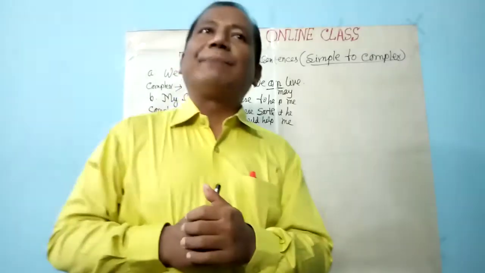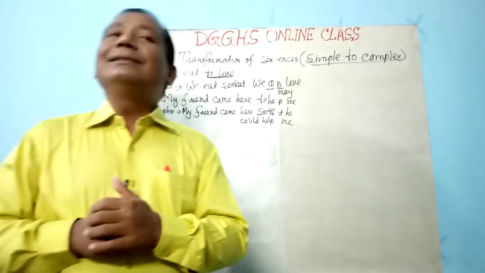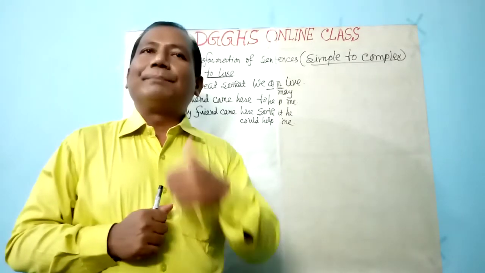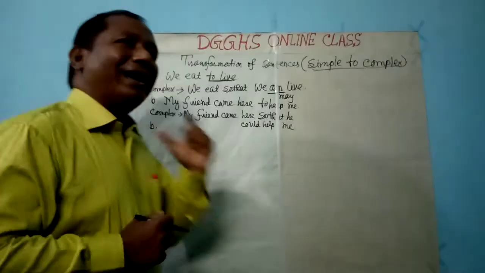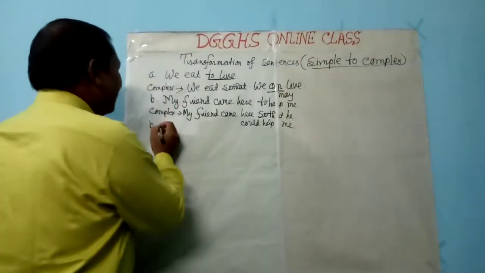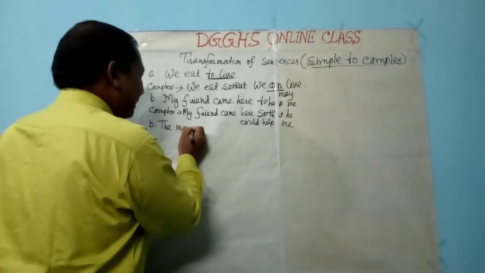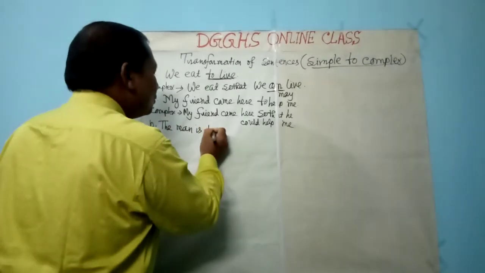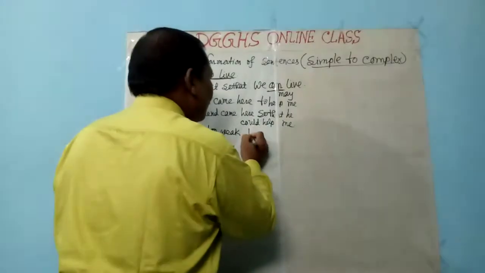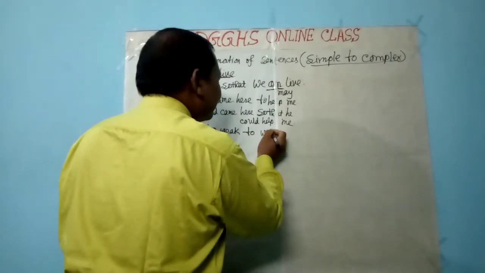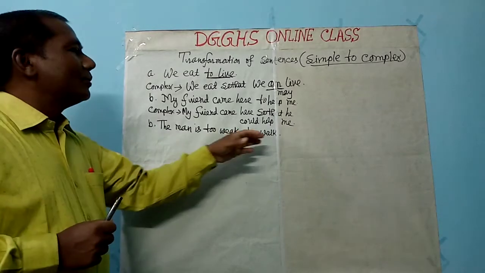Then if the simple sentence has 'too... to', we know that if 'too' is followed by 'to', then the meaning will be negative. Here you see our example: the man is too weak to walk.